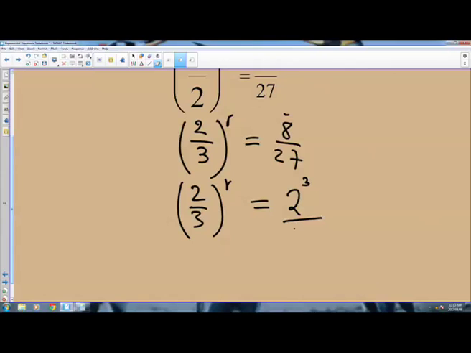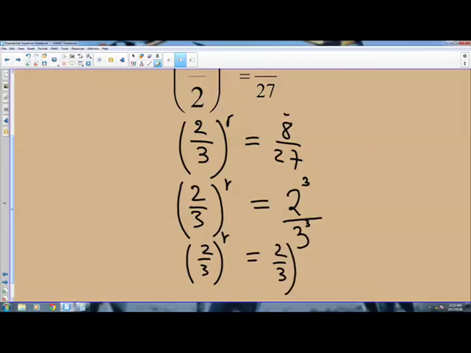It's 3 to the power 3. This is how we simplify it. Then this will be 2 divided by 3, all this raised to the power r, equals 2 over 3.